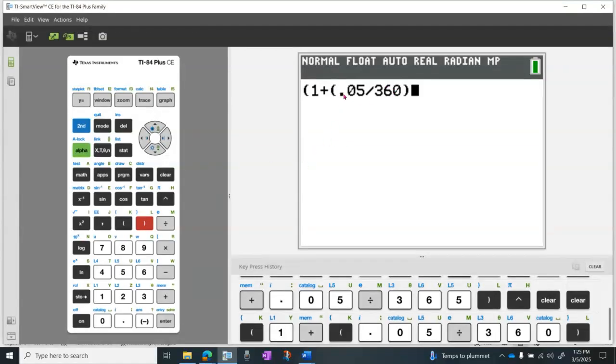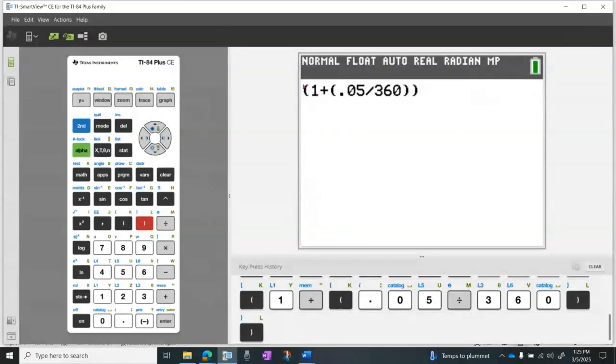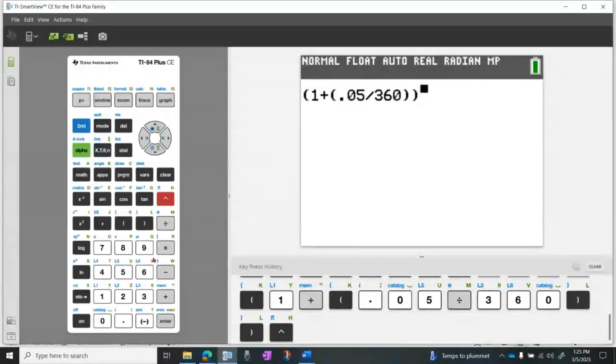So this set of parentheses frames the daily interest rate, which is the annual interest rate divided by 360. And then now I'm going to close the bigger parentheses that frames the compounding factor. And then I'm going to raise it to the power of 360 and then minus 1.